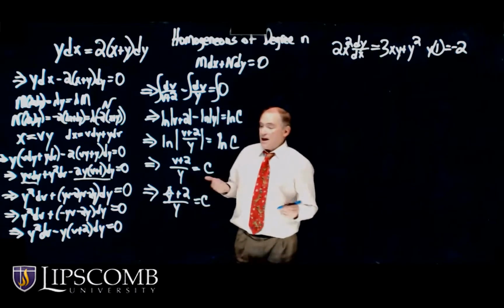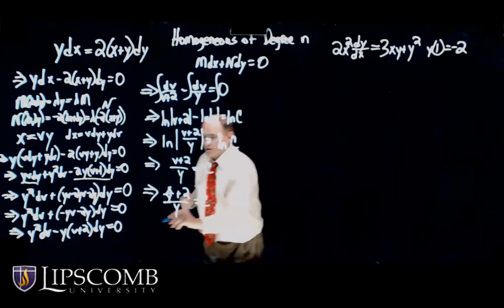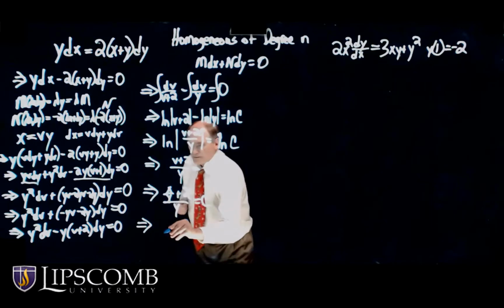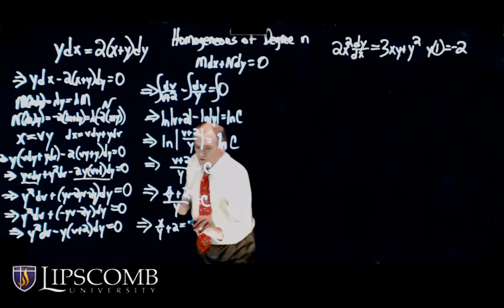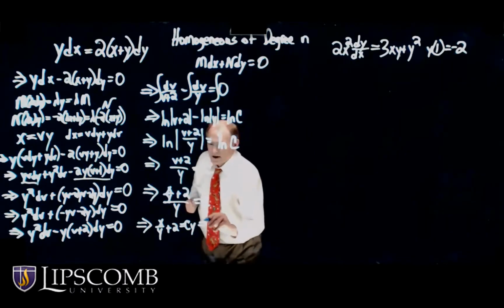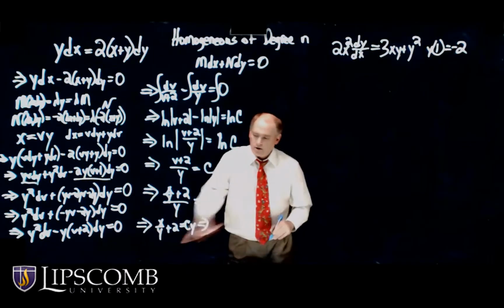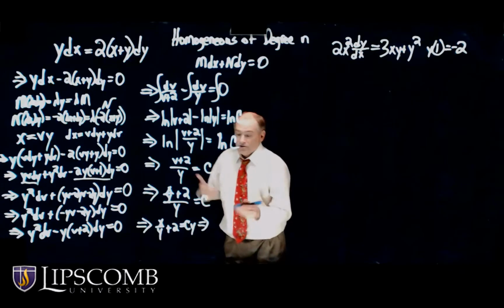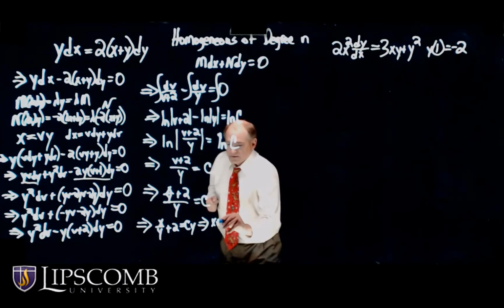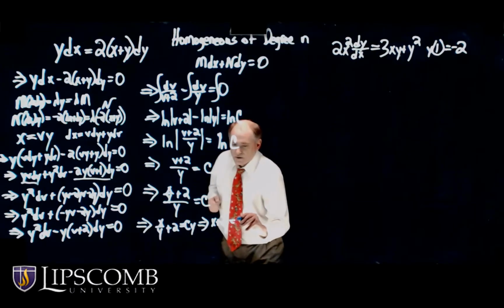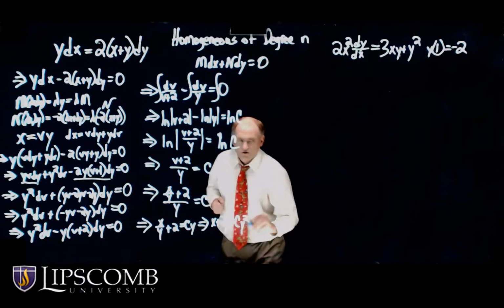Now, what I can do, I can simplify this somewhat. So this is x over y plus 2 equals C times y. But then I can get a common denominator, cross multiply by the y. So all I'm doing is getting a common denominator. So this would be x plus 2y equals C times y squared.